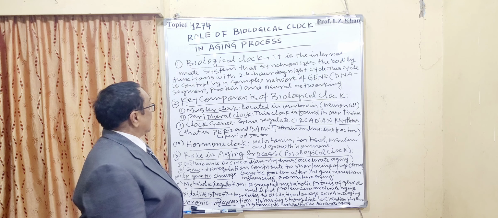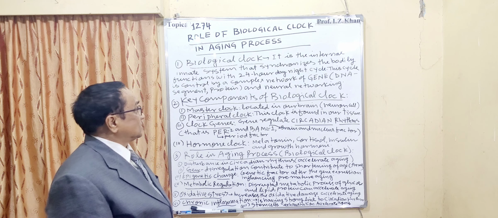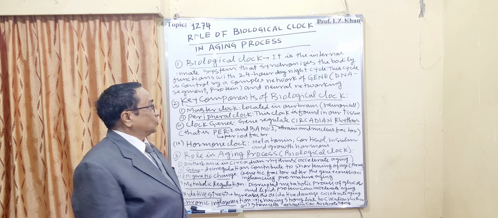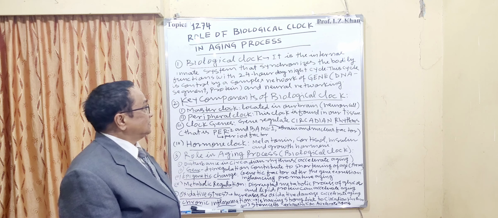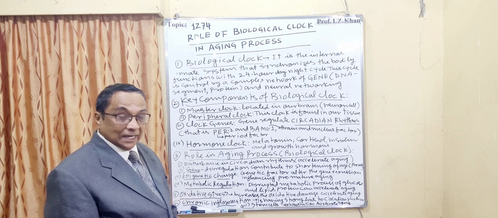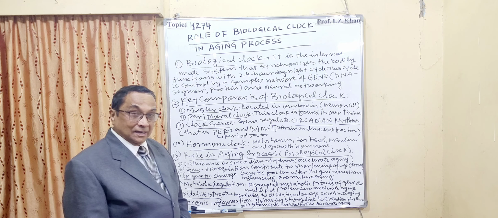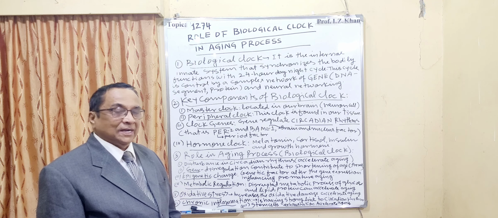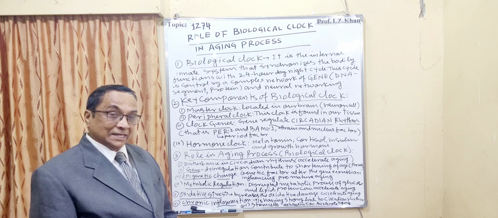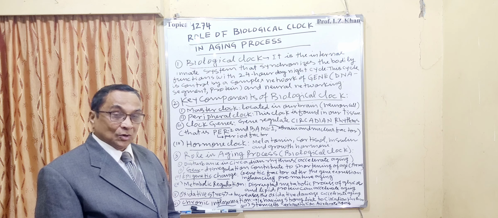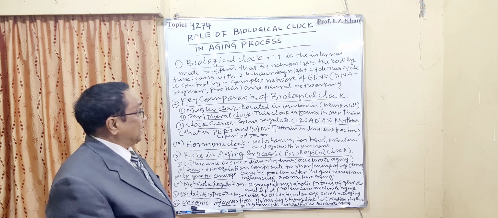It is the internal innate system that synchronizes bodily function with the 24-hour day-night cycle. So in the 24-hour day-night cycle, how you are spending night and day with different types of activities, that is your biological clock, and that is controlled by one protein neuron cell inside our brain.